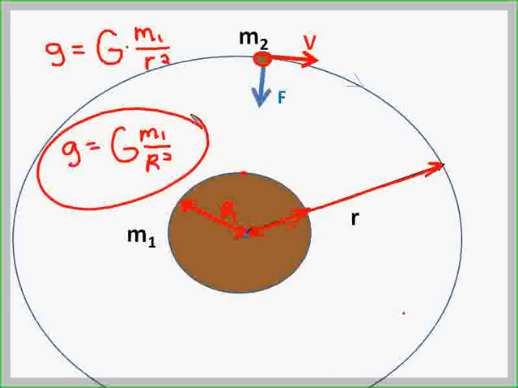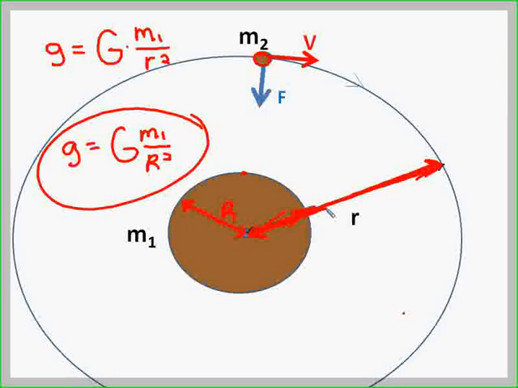I wrote it that I used little r. That's wrong. In this diagram, little r represents from here to here. So you would have to make a little side note: let little r equal capital R. That'll be the radius of the planet.